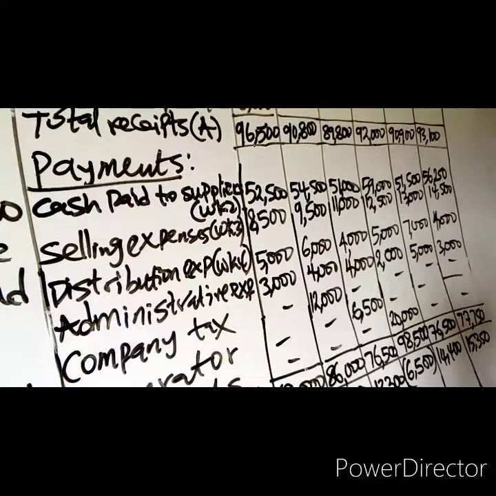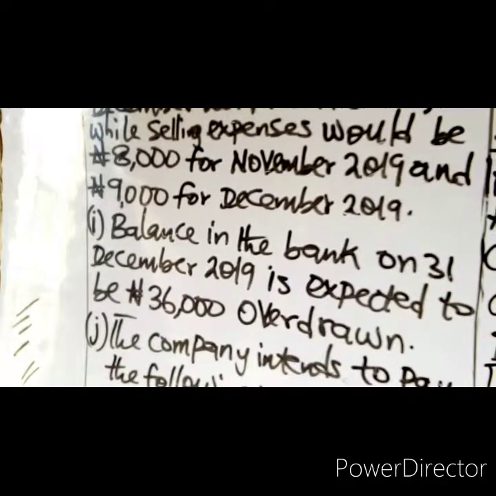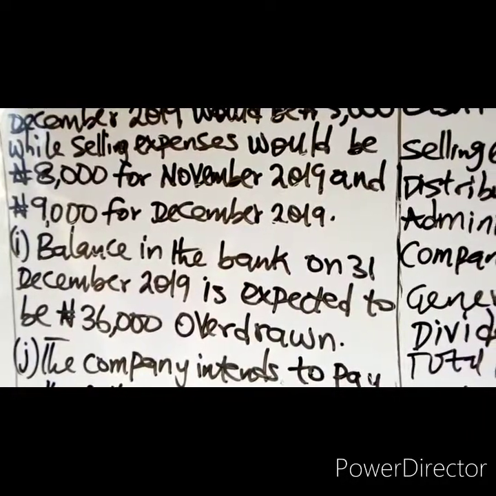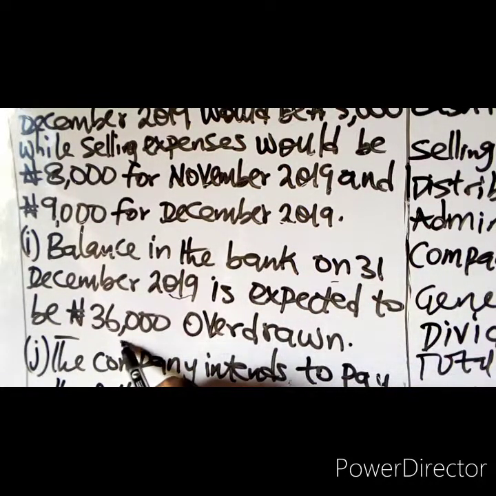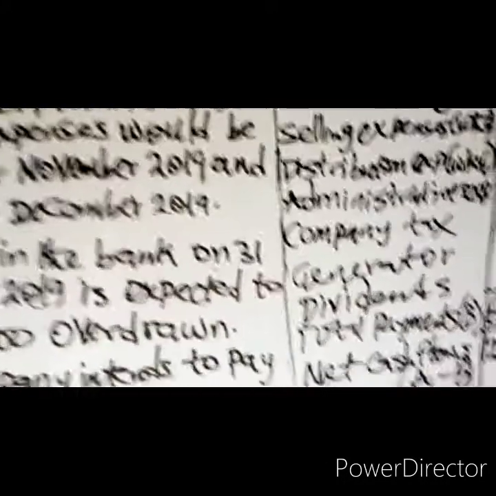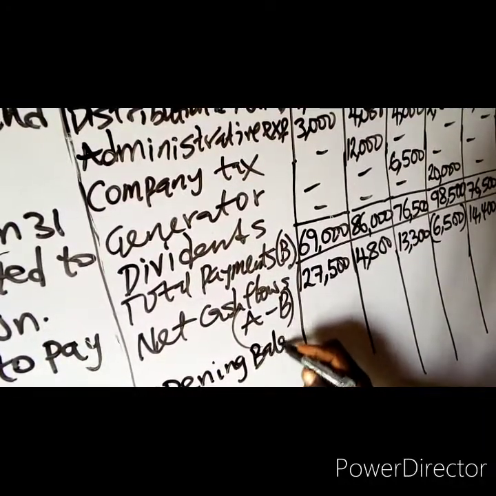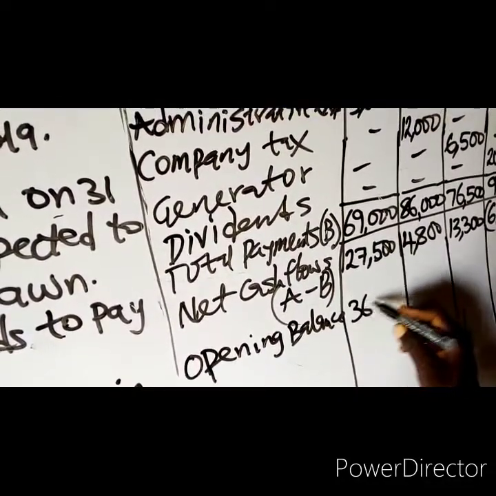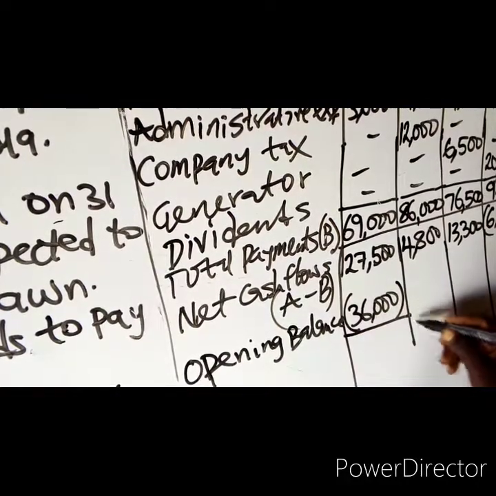Then you now go back to note I. Balance in the bank on 31st December 2019 is expected to be 36,000 overdrawn. Then we have the opening bank balance of 36,000. Since it is an overdraft, it is a negative balance.